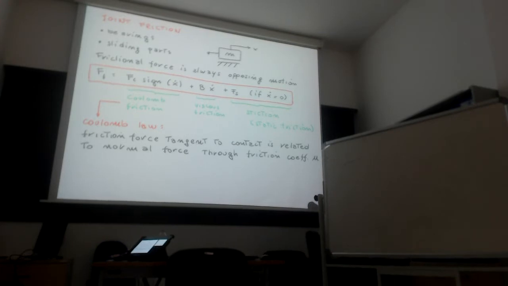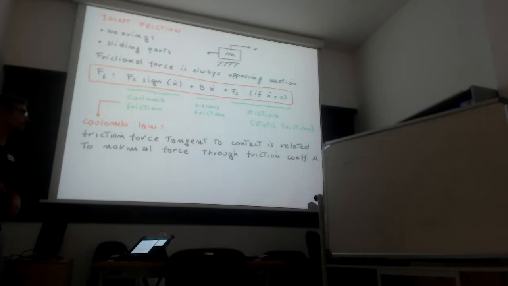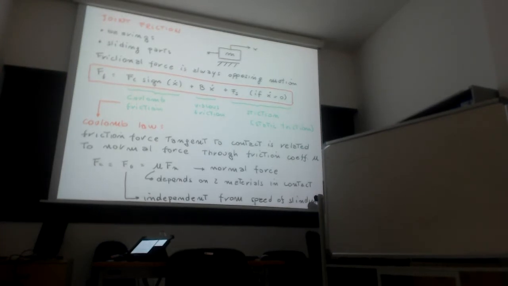The Coulomb law says that the friction force is always tangent to the contact and is proportional to the normal force that is applied. And the proportionality is related to the value of the friction coefficient mu. So the tangential force is proportional to the normal force times mu.